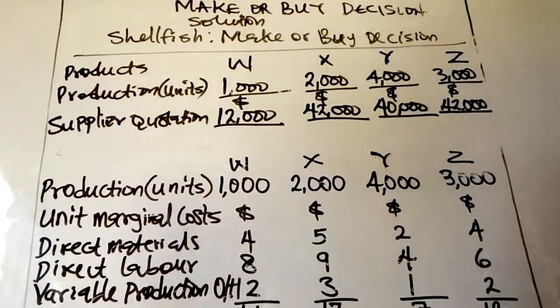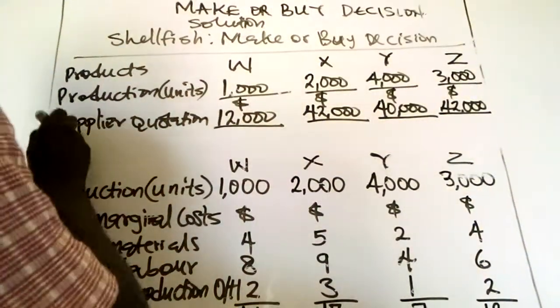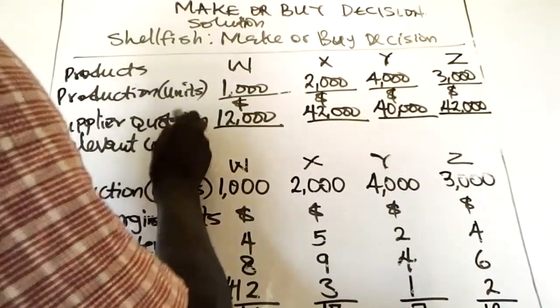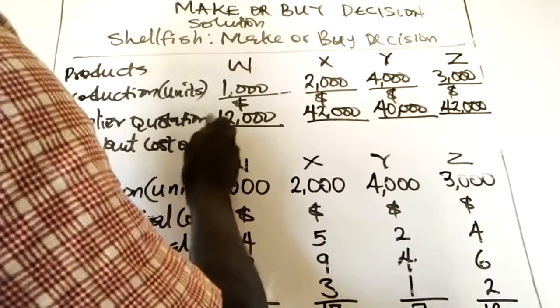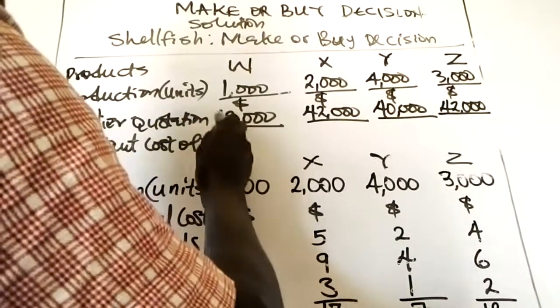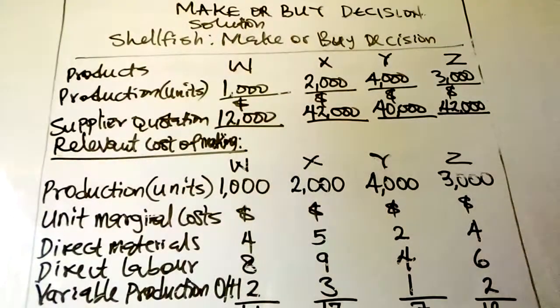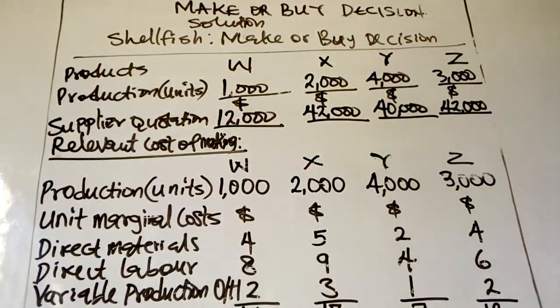Then from this, you now less the relevant cost of making the product. Where the products are to be made in-house, how much will be the relevant cost of making the same products?